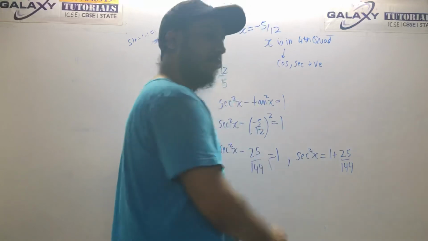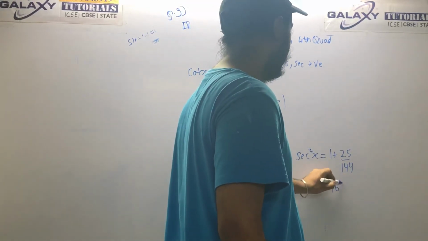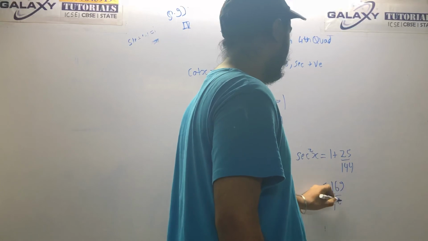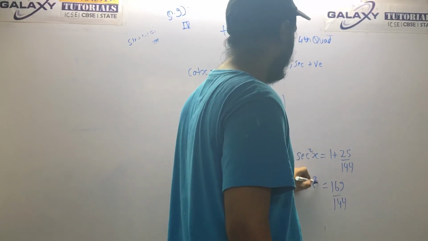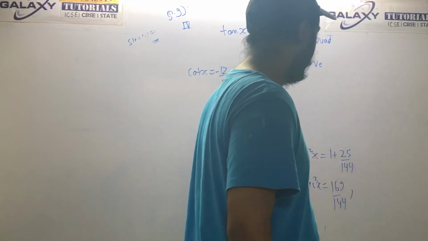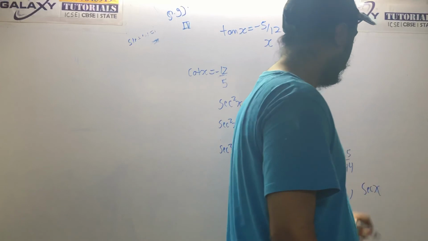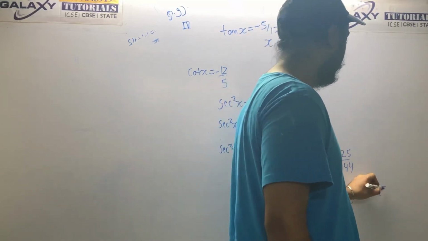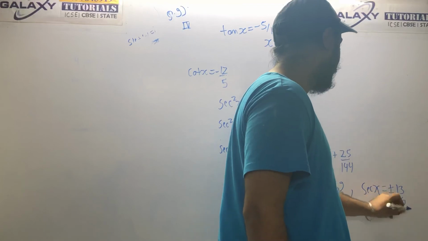So sec square x, LCM is 144. This comes out to be 169 upon 144. And square root of this will be plus minus 13 upon 12.